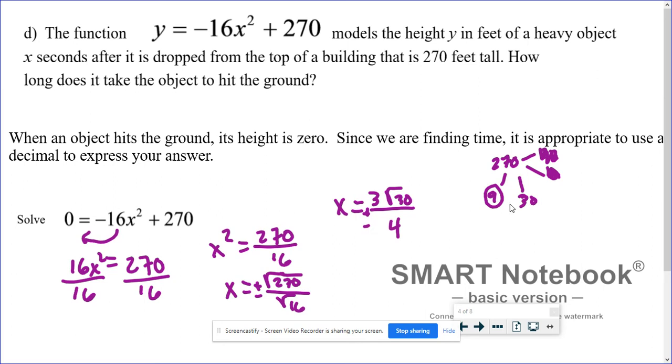So again, since the answer to this question is actually a time, you're not going to say, oh, it would take 3 times square root of 30 divided by 4. So we're going to estimate that as a decimal.